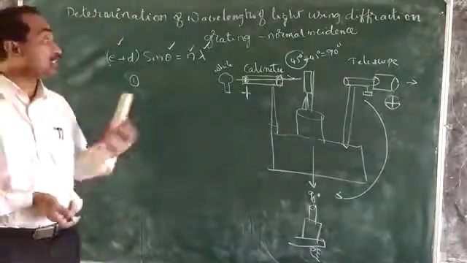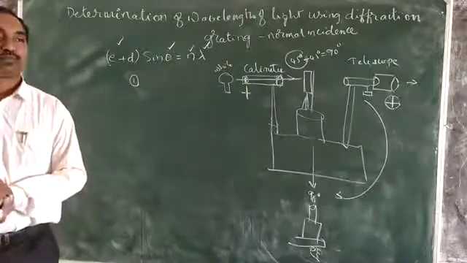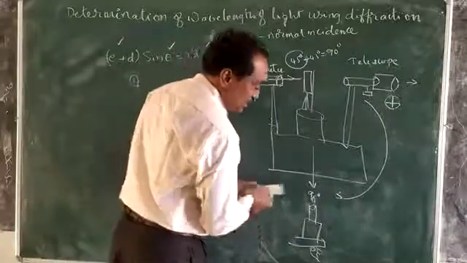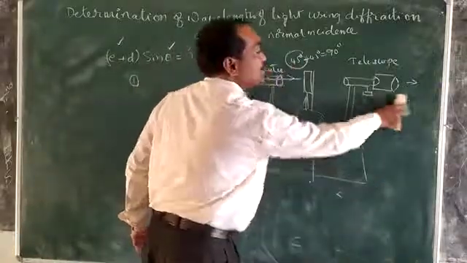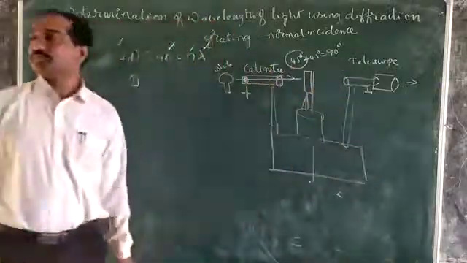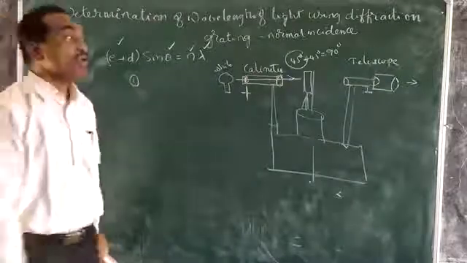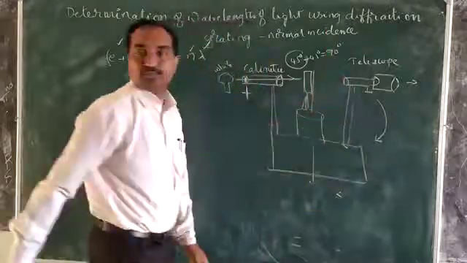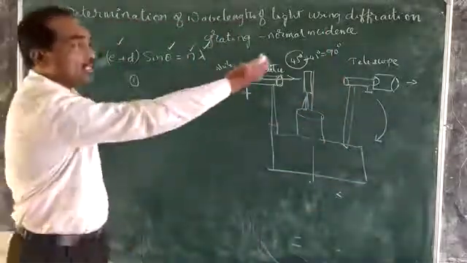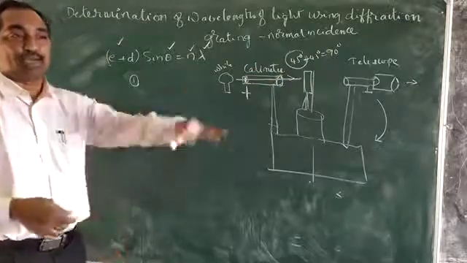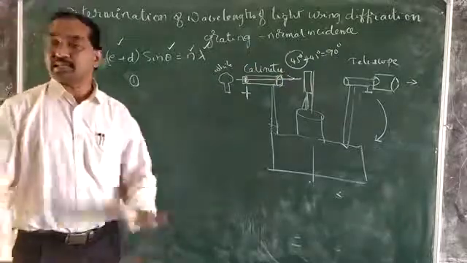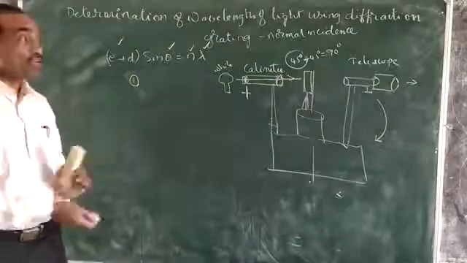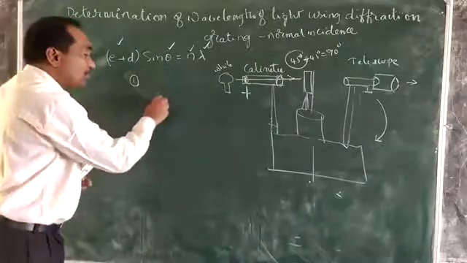Now how can we determine the wavelength of light? Again, we turn the telescope eyepiece along the same direction. When we rotate this telescope through some angle, maybe in the clockwise direction, maybe in the anti-clockwise direction, we can see the spectrum of light.